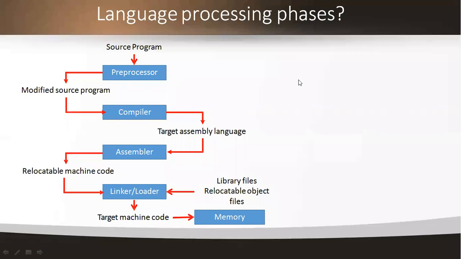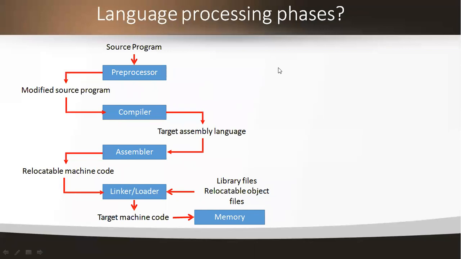Yeah, this is the overall brief description about the language processing system. In the next class, we are going to learn about the parts of compilers. There we have two parts of compilers, and the structure of the parts of compilers, and then we are going to learn about various phases of the compilers. Up to this, I think you all understand the language processing phases and also the tools that work closely with the compilers.